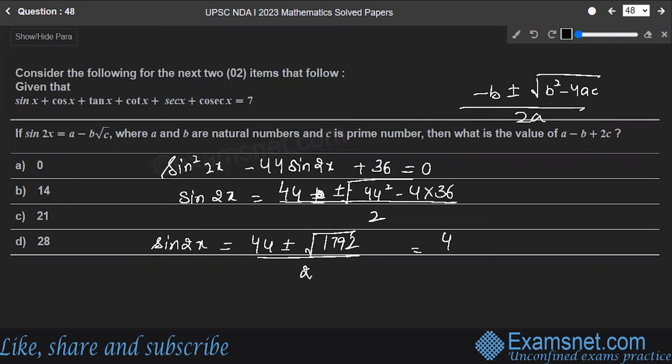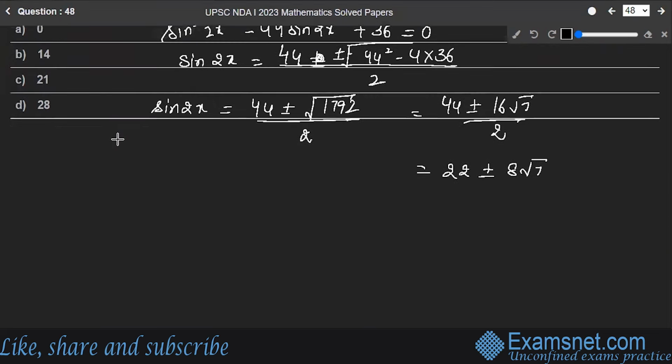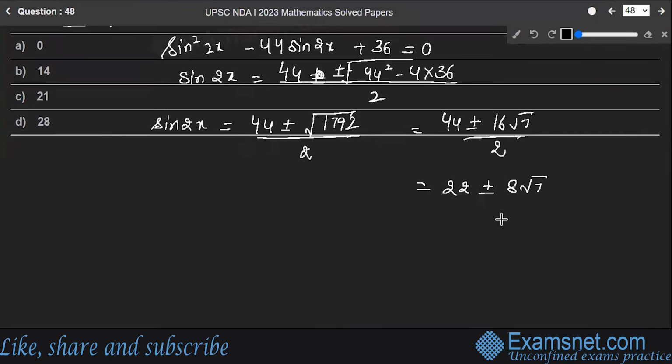This is equal to 44 plus minus 16 root 7 divided by 2, that is 22 plus minus 8 root 7. Now comparing with a minus b root c, let's do the comparison.